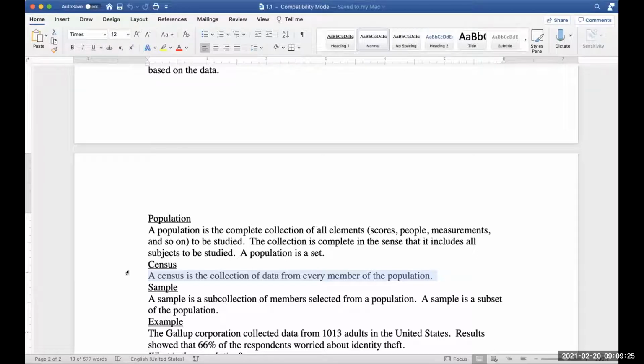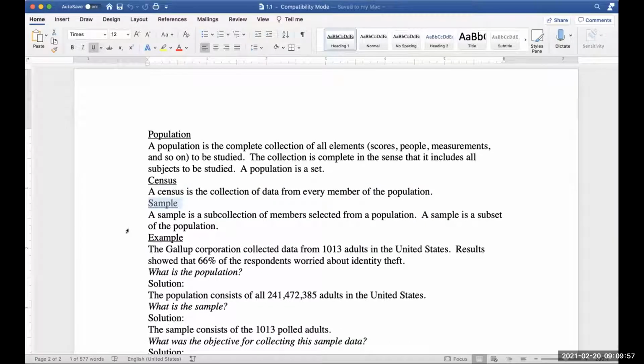It takes like 3 years to collect the data, 4 years to analyze and publish the data, another 3 years to prepare for the next census. So you're always doing something in the census department because it takes that long to get data from every person in the United States.